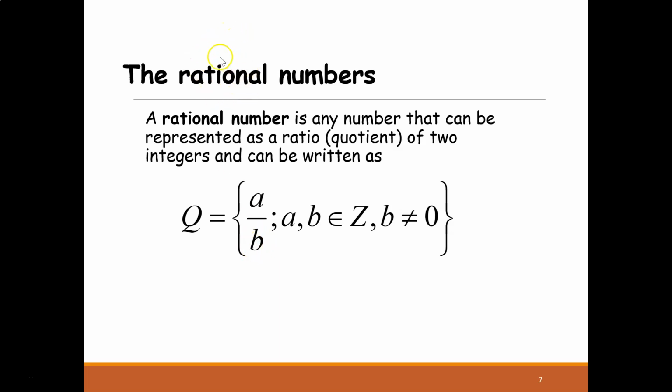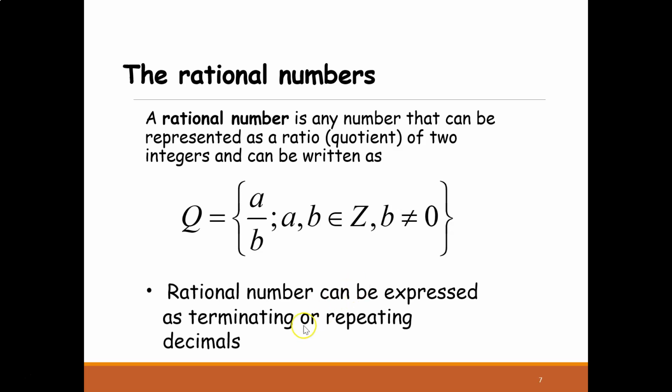Apa maksud rational numbers? Rational numbers mean any number that can be represented as a ratio. Apa-apa nombor yang boleh ditulis dalam bentuk nisbah ataupun quotient, mean pecahan. So that one is rational numbers. When you have rational numbers, you will also have irrational numbers, perlawanan lah.